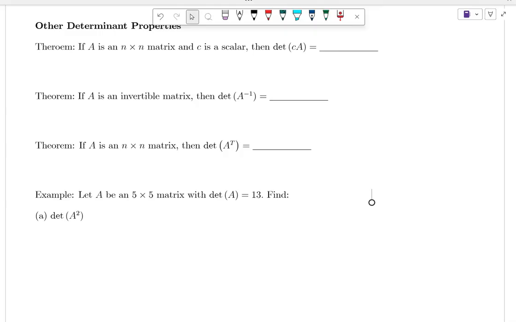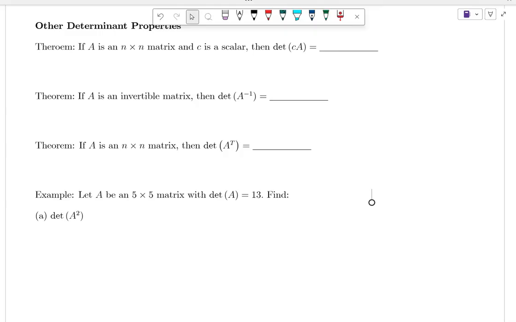Okay? All right. What happens though when you multiply the entire matrix by a scalar? Do we just multiply one row by the scalar? No, you multiply every single row by the scalar, right? So what's that going to do to the determinant? It'd be C to the n, right?